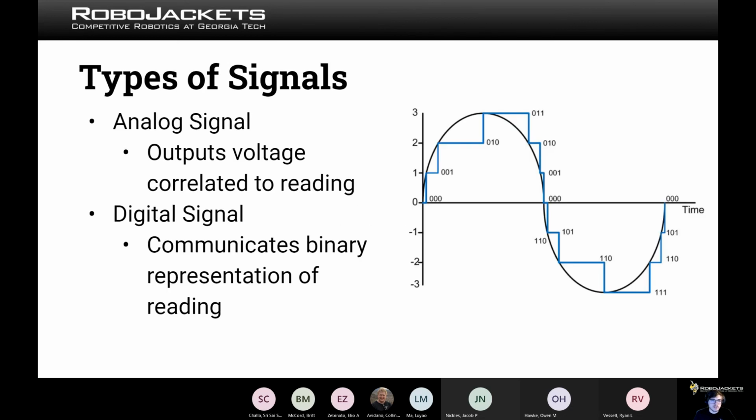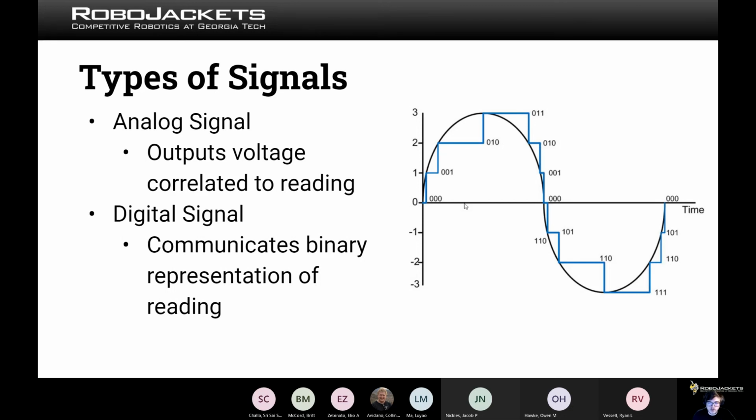If you've seen the analog read on some of the previous labs, that's an analog signal. If the device is generating an analog signal, it outputs a voltage correlated to a reading. What that means is it's not just a 1 or a 0. It's a variable range between 0 and 1.